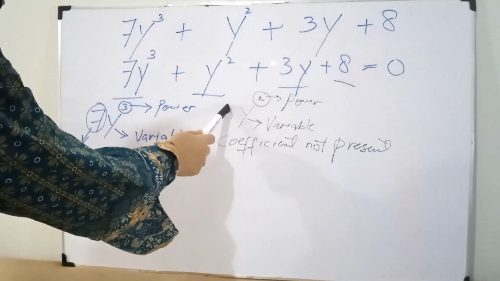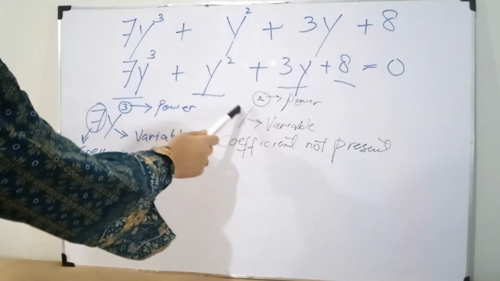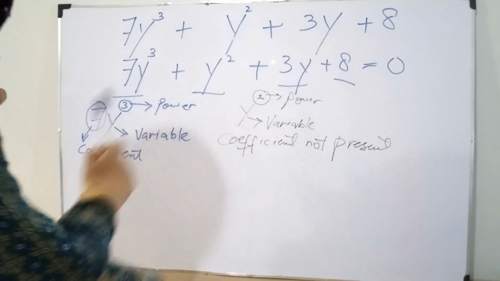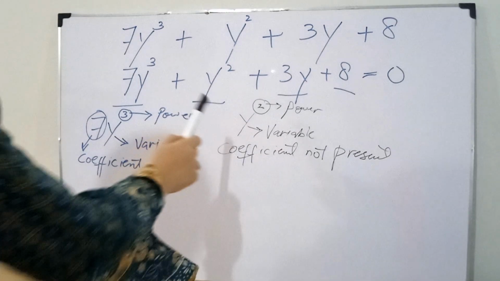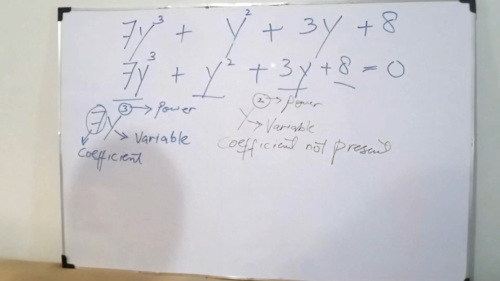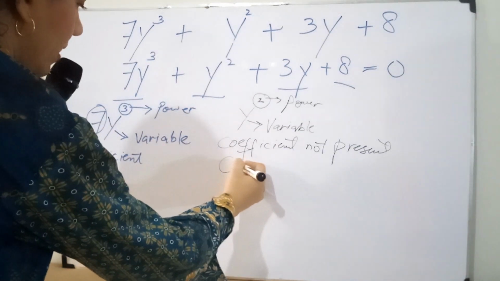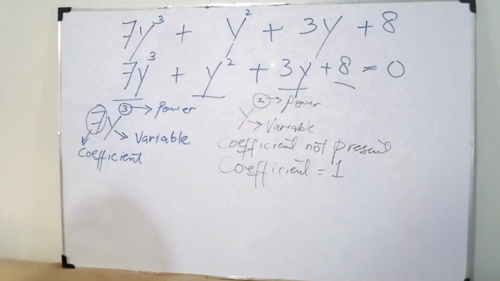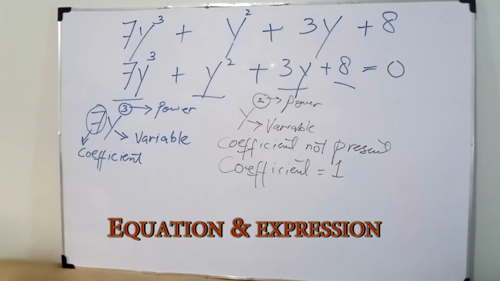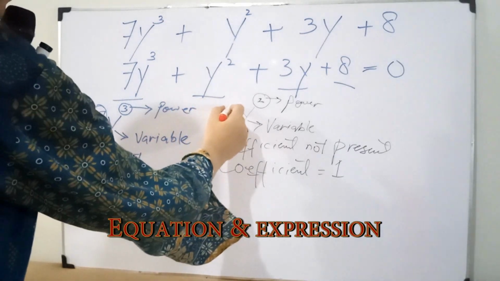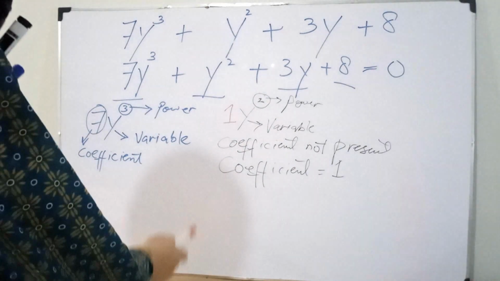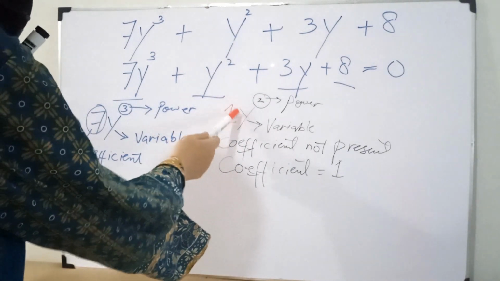Whenever the coefficient is not present before the variable, it doesn't mean the coefficient is 0. It means the value of the coefficient is 1. So here the coefficient is 1. You can write it like this, 1y square, but usually you don't need to write the coefficient as 1.